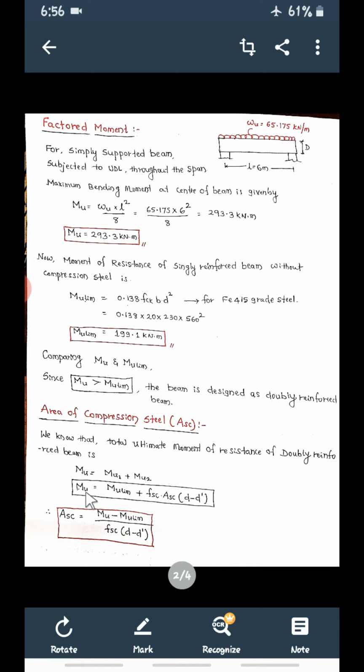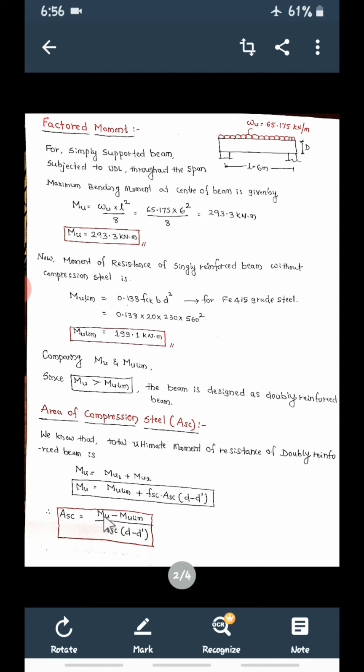So total MU is equal to MU limit plus FSC ASC into D minus D dash. Therefore, since we want the area of compression steel, ASC is equal to MU minus MU limit divided by FSC into D minus D dash.